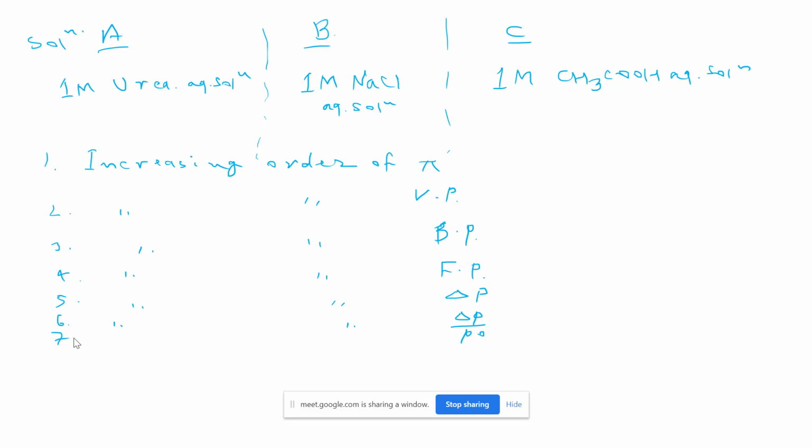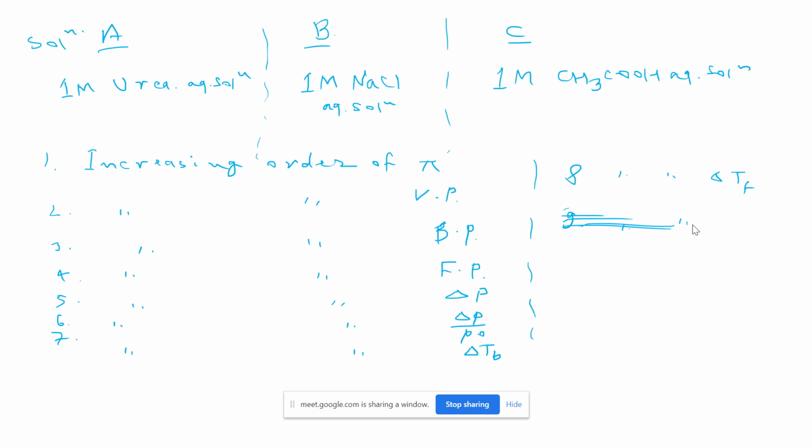Question number 7, increasing order of delta TB. Question number 8, increasing order of delta TF. So these questions you can do.